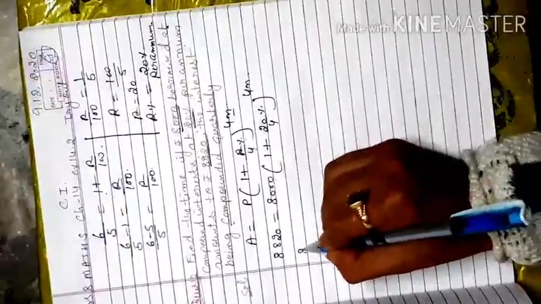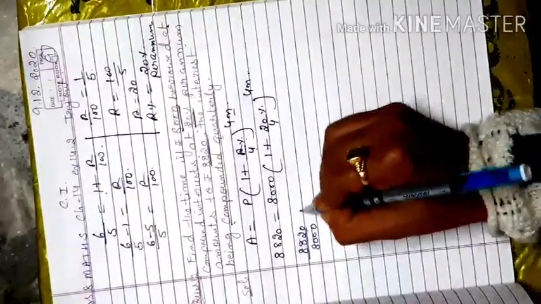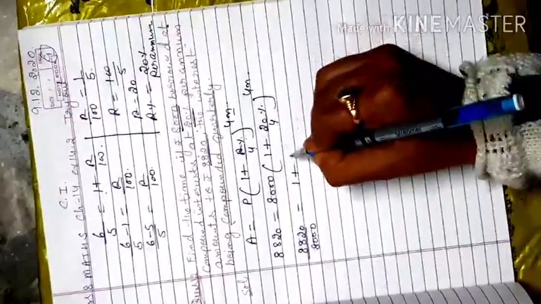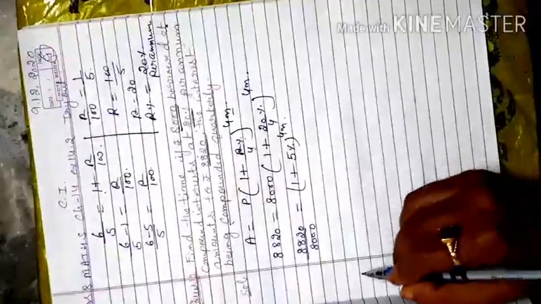So first I will cross multiply this: 8820/8000, and what is left here, (1 + 5%)^(4n).